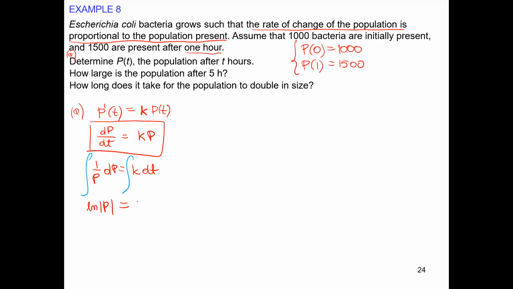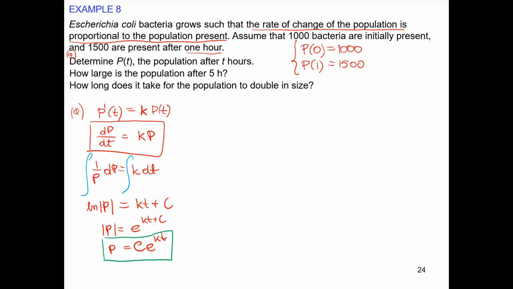Integral of k dt is kt plus the constant. And then p is e to the power of kt plus c. And then we know that c will become a coefficient. And actually, basically, this is the solution. The function p equals c times e to the power of kt.